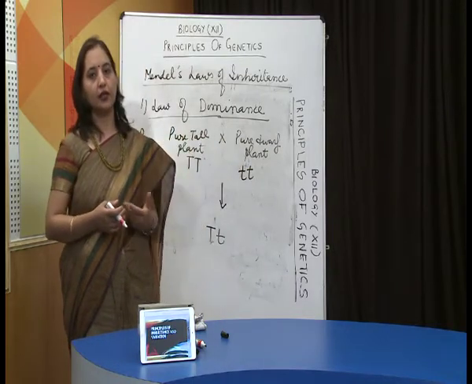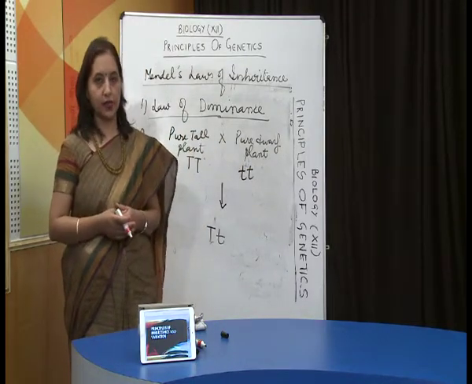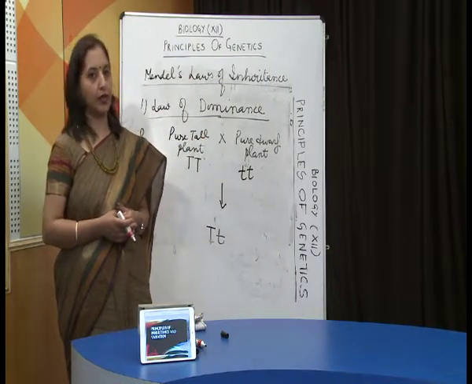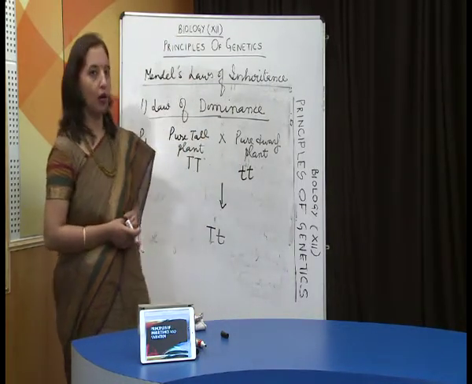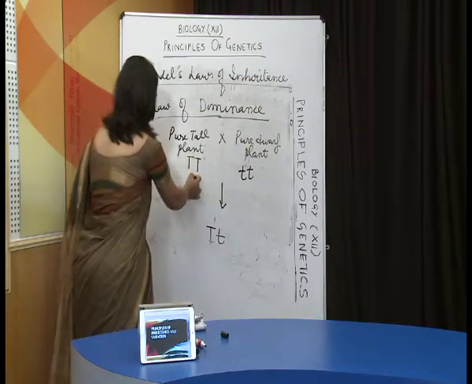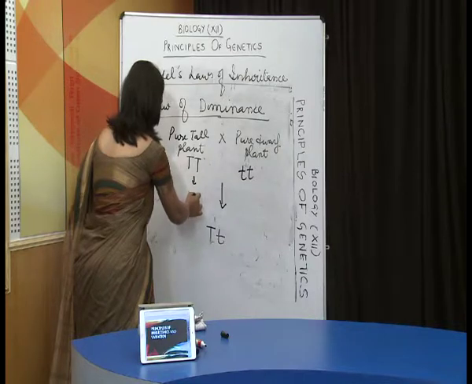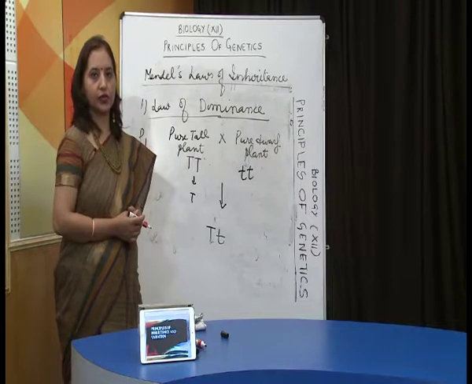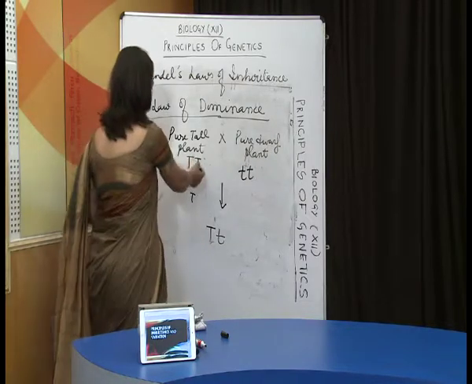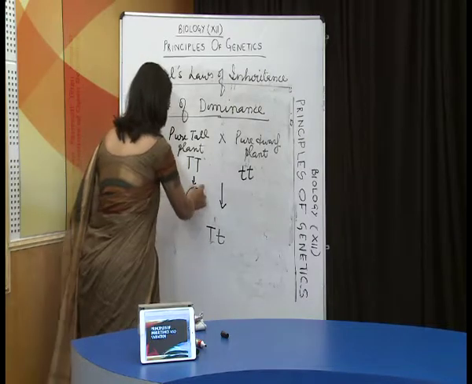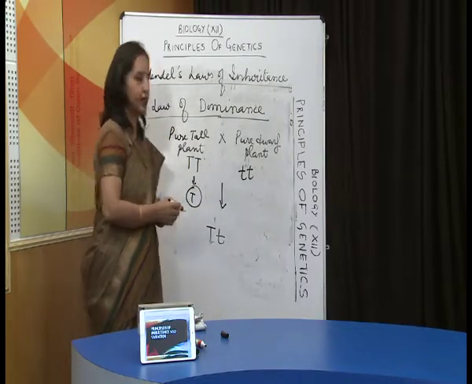Similarly, all the other 6 characters were studied and only one trait appeared in the first generation, and that is what is called the law of dominance. Before we make the cross, we can make the gametes also, and during gamete formation, the number of chromosomes is reduced to half. So, capital T has to be written as only capital T, and we can encircle it to show that these are gametes.